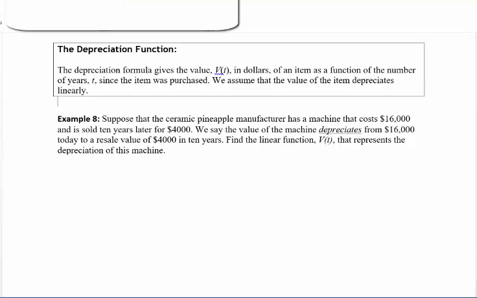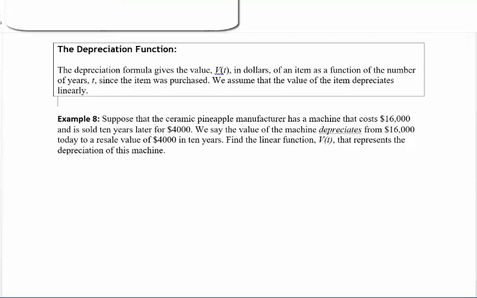So for now, we're going to assume that the value of an item depreciates linearly. So if we know the value at one point in time and the value at another point in time, what we can do is come up with a function, v of t, so we can figure out the value of the item at any time. Let's look at an example.